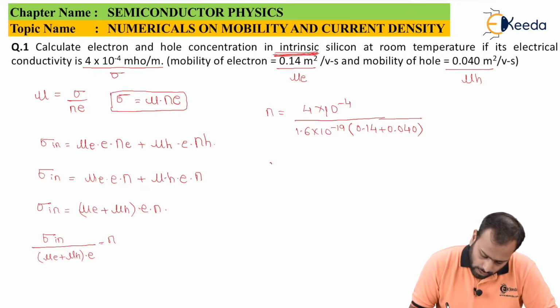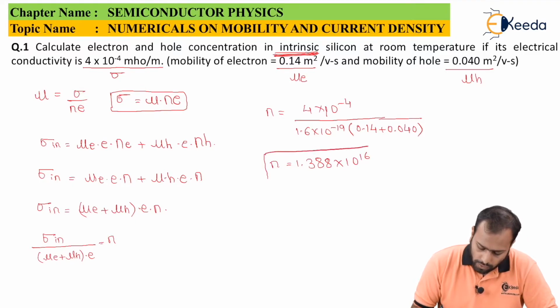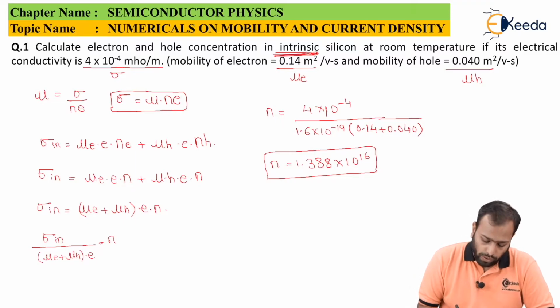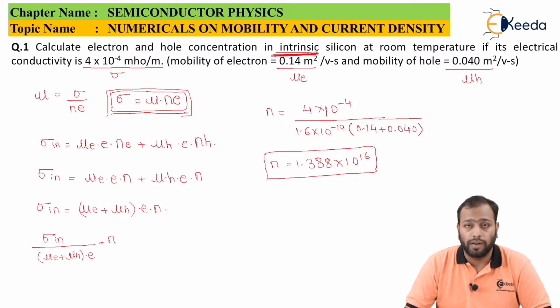On solving this, you will get the value of n as 1.388 into 10 raised to 16. So, a very easy question and just the application of your mathematical skills. You only need to remember this formula and of course one statement: for an intrinsic semiconductor, the number of electrons and number of holes are equal.